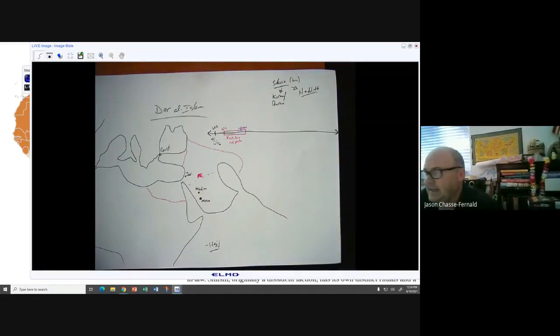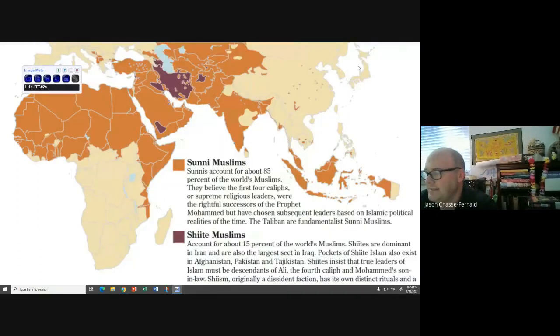And if you want to look at the cause of the Sunni Shia split within Islam, it's centered around Ali. Ali had put his name in following the death of Muhammad to become the first caliph, and he does so every subsequent time until the third one.